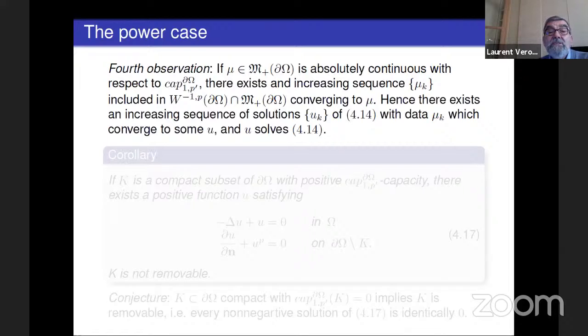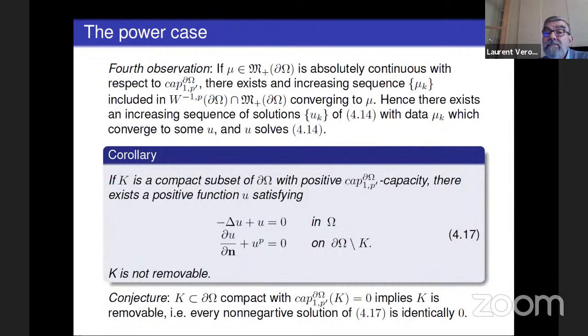Okay, now for such measure mu_k, you have a solution u_k, because it belongs to W^{−1,p}(∂Ω), a solution with mu_k. Now you can let k go to infinity. So u_k converges to some solution u, and you solve the equation.